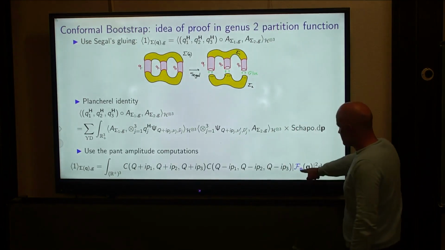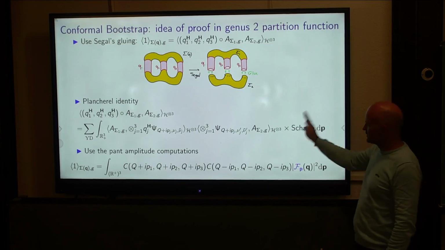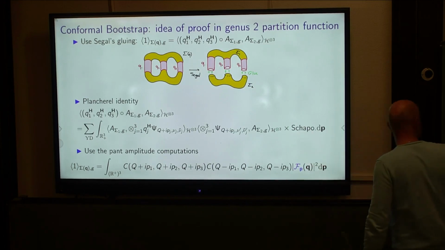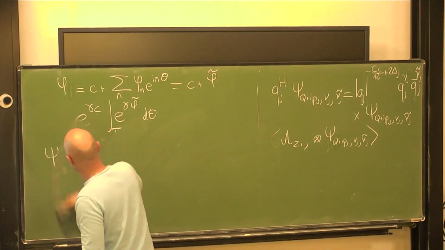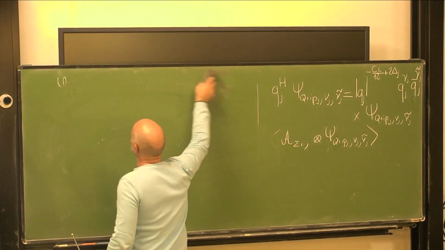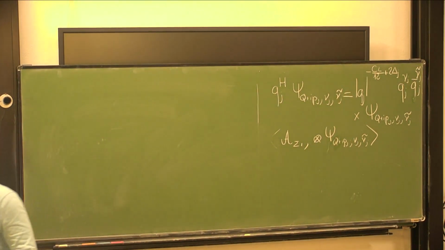Well, you end up with this factorization here when you plug everything I told you inside, and let me just write what you get for F_P. So it's F_P of q.